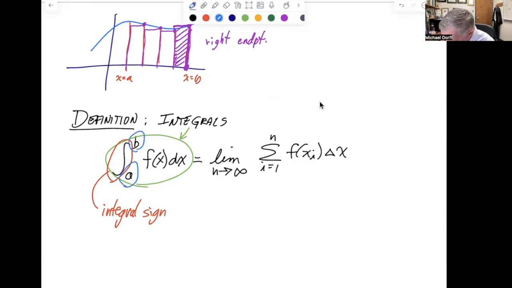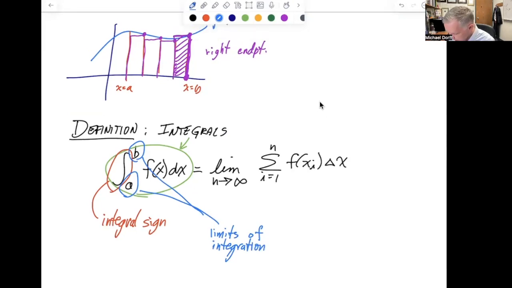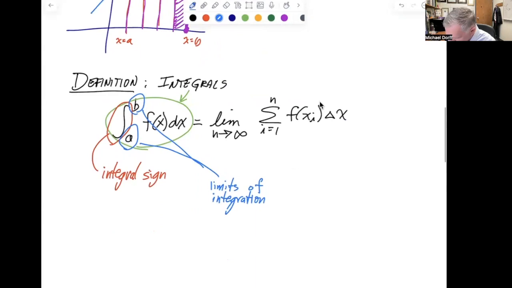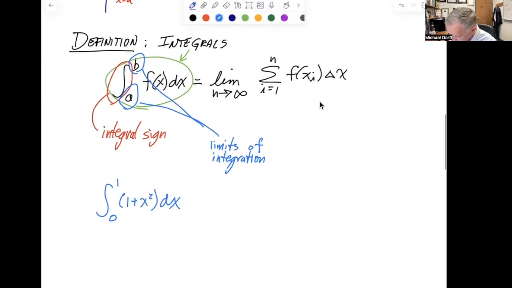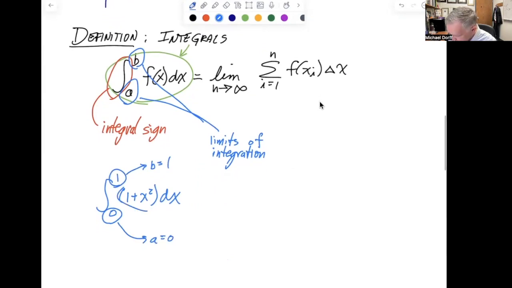All right. These a and b are called the limits of integration. Those are the x values that you're doing the integral from. So in my previous example, I had the integral from 0 to 1 of 1 plus x squared dx. This was a equals 0, and this was b equals 1, and this was my function, which is called the integrand.